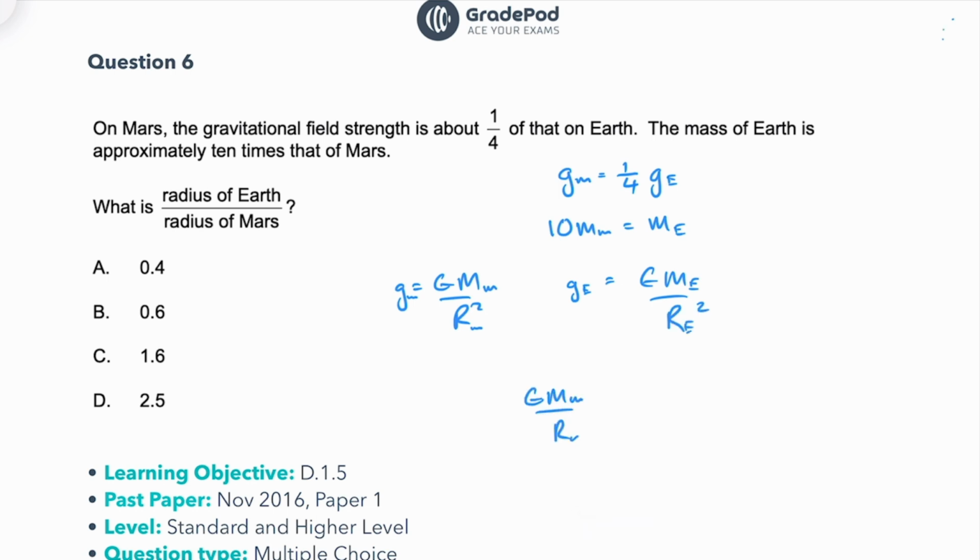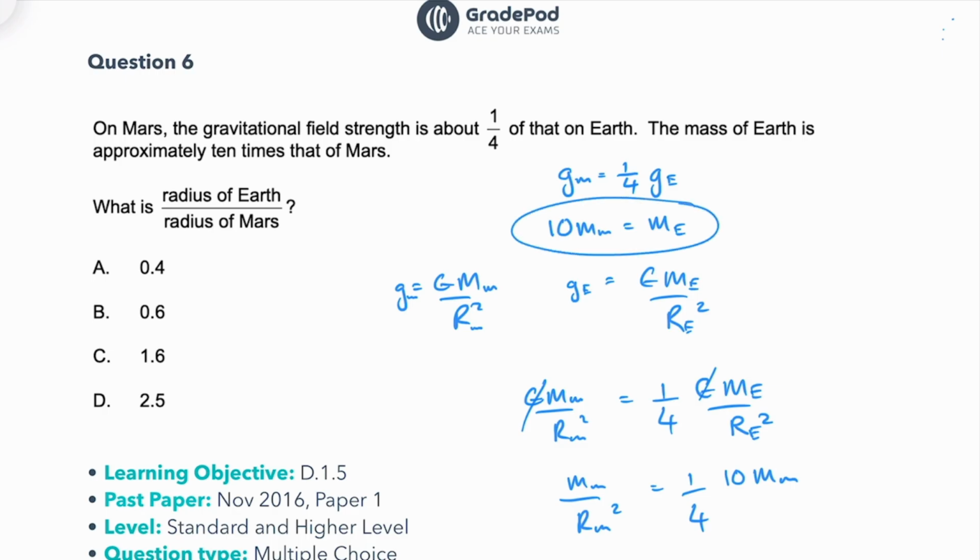G mM over rM squared is equal to a quarter of gE, which is G mE over rE squared. You can cancel out these G's. We also know that mM over rM squared equals a quarter mE, but instead of mE we can write 10 mM from here, over rE squared.